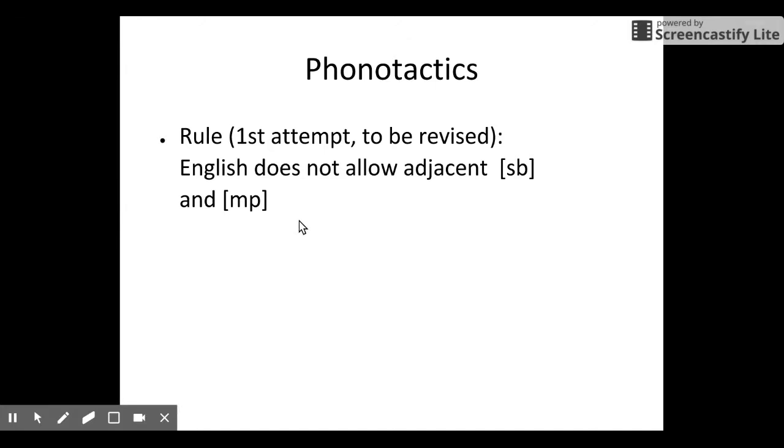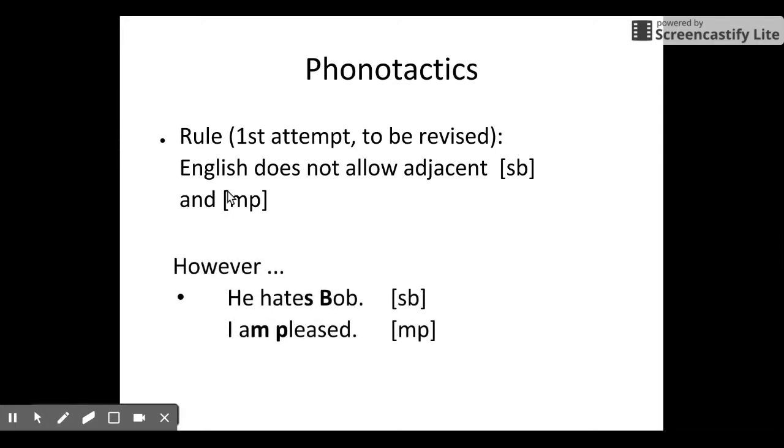And we are going to revise this rule because if we simply have this rule, there are some counterexamples. For example, we can say this word, he has Bob. So we have sp combination here, adjacent sp sequence. And also we can have I am pleased with, adjacent imp, right? So this is not a right rule.